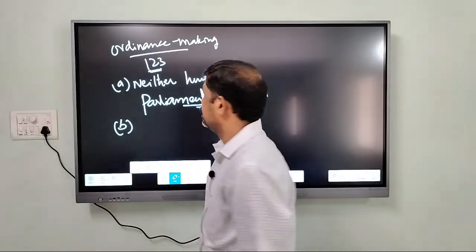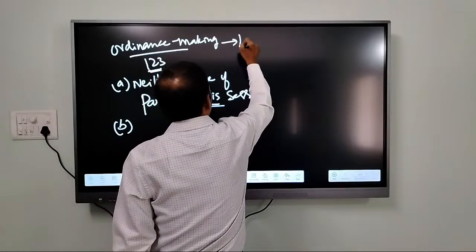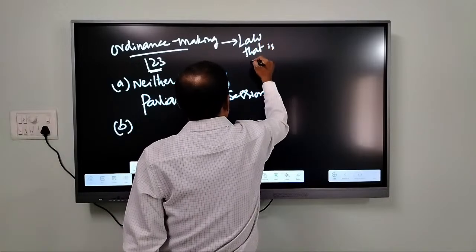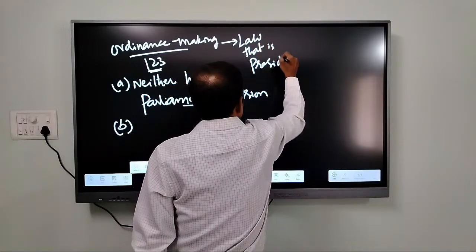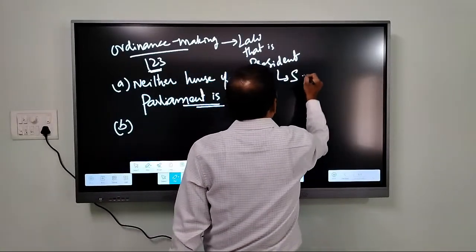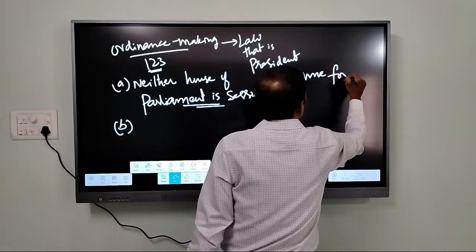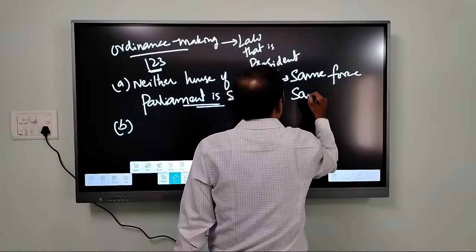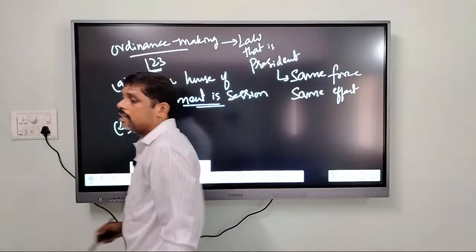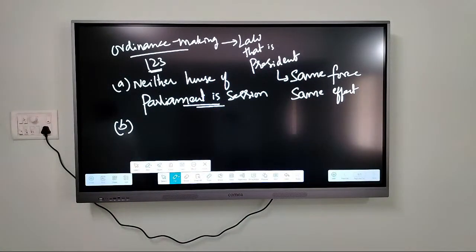Ordinance means a law that is issued by the executive, a law that is issued by President of India, which has same force and same effect as a law of Parliament.